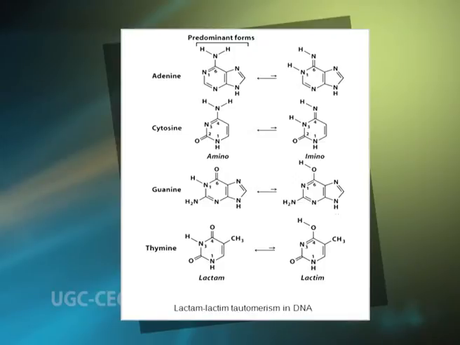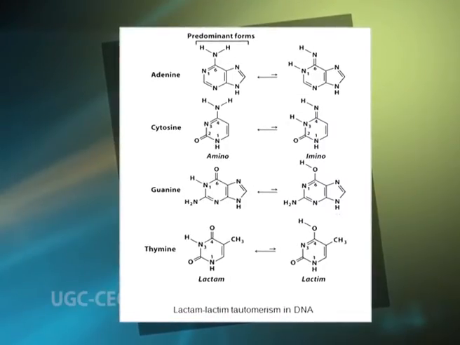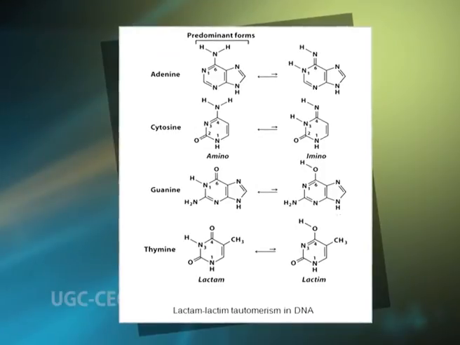Here you can see a figure in which lactam-lactim tautomerism is represented in the DNA. The keto tautomer is called a lactam ring, whereas the enol tautomer is a lactim ring. The lactam tautomer is the predominant form at neutral pH. The 4 bases of DNA can exist in at least 2 tautomeric forms as shown in the figure.